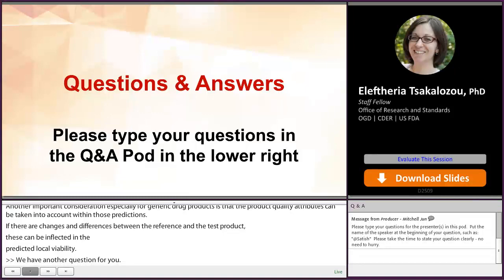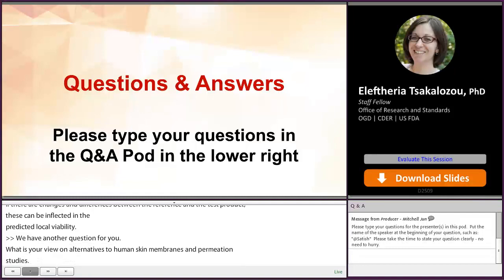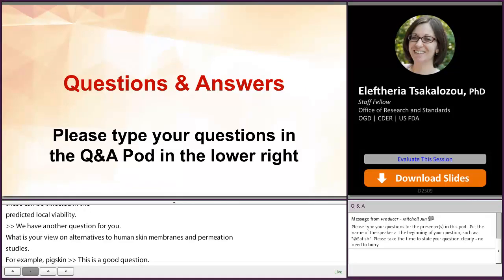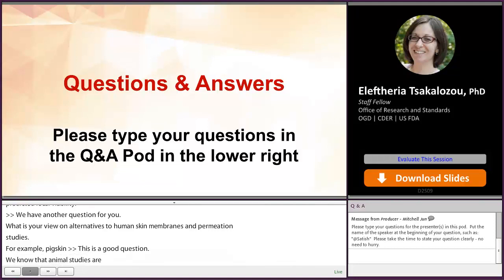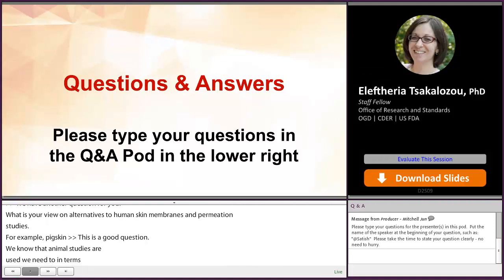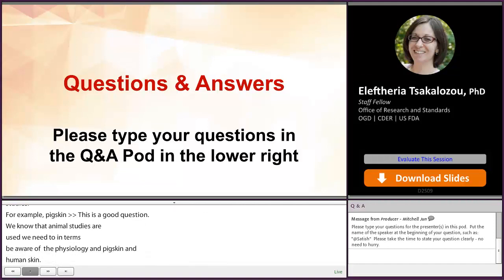So this is a good question, and we know that animal studies are used preclinically towards the development of a product. From the modeling perspective, we need to be aware of the differences in the skin physiology between pig skin or any animal and human skin. So there's a question on how a model that is developed with pig skin data can actually be translated to human.